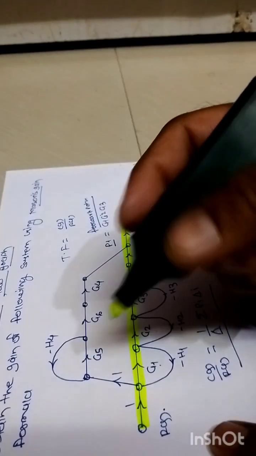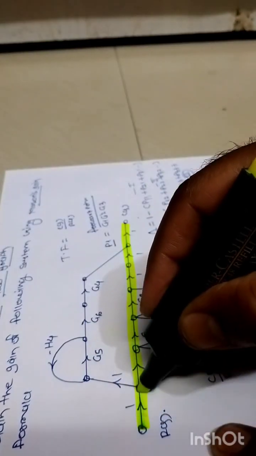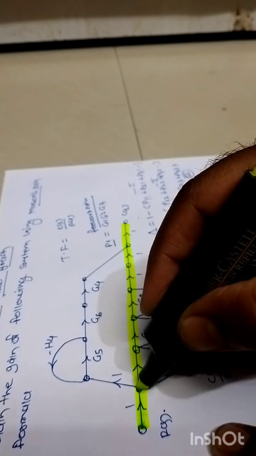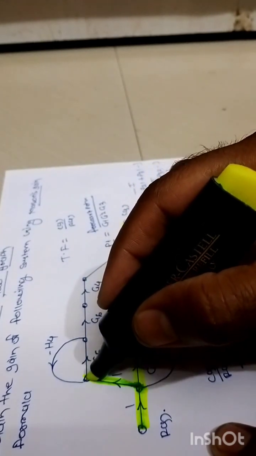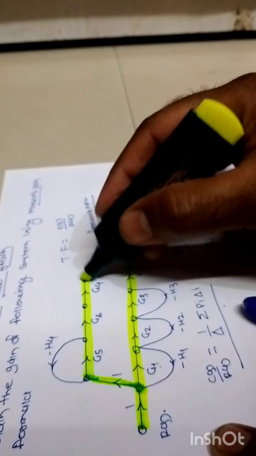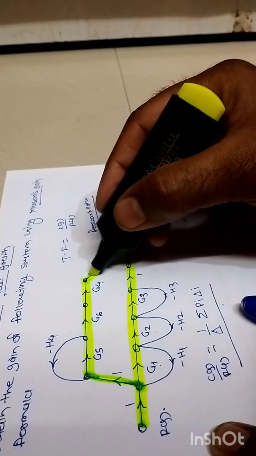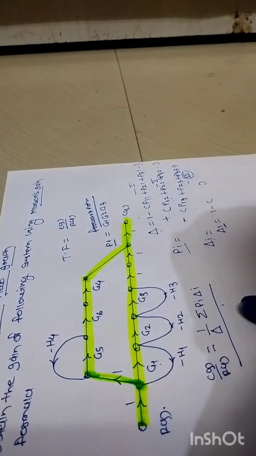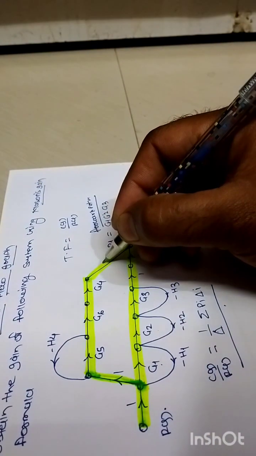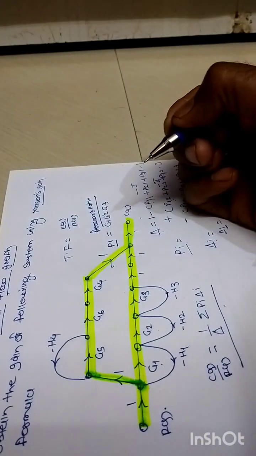So this is the second forward path. With this R we start our journey. Through this one we can go to the upper side, and again this is a forward path. Through this part we can come across to this C. The gain of this one path is exactly equal to 1.